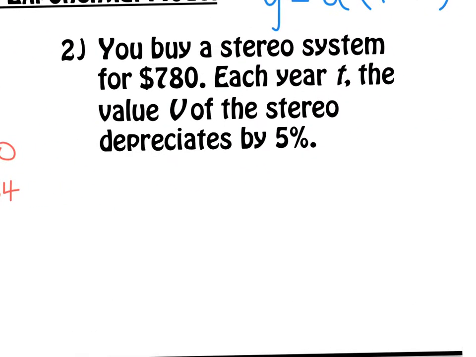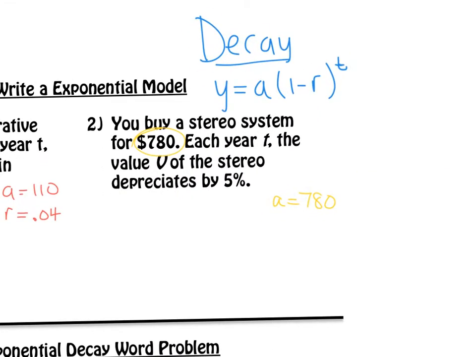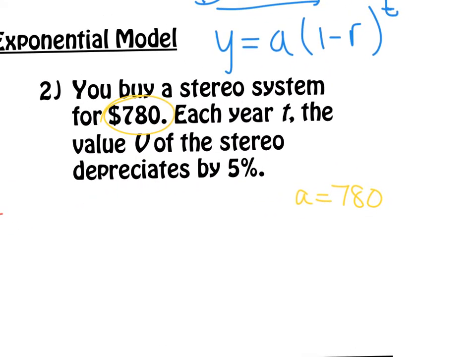Okay, over here, we're going to talk about decay. So we start with 780. So A equals 780. And my rate depreciates, it goes down, so this is 5%, so r equals 0.05.